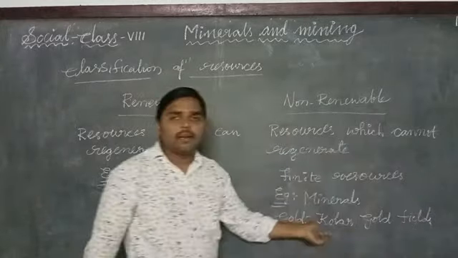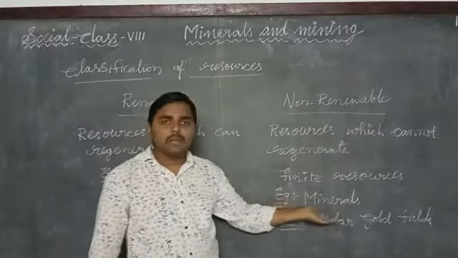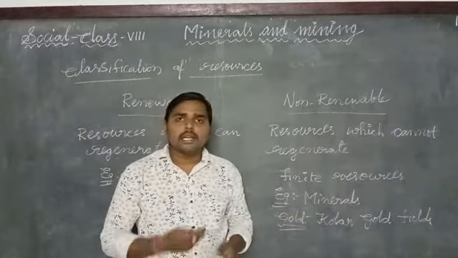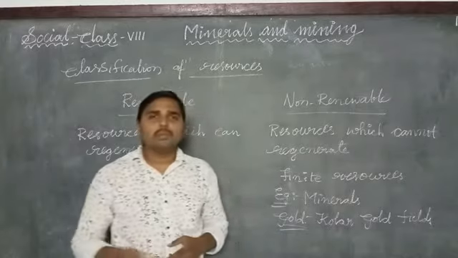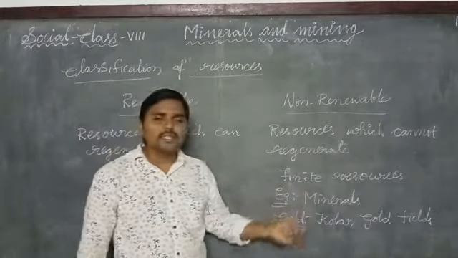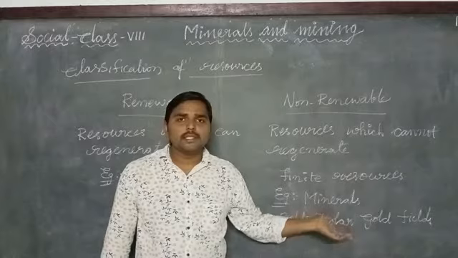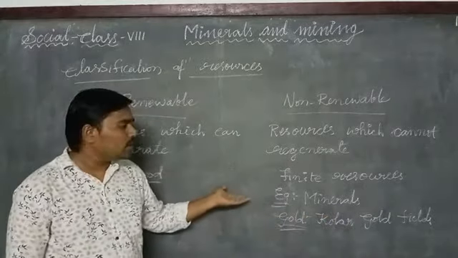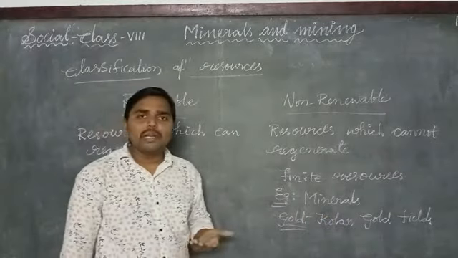Now they have been closed down. It means all the gold has been mined from the Kolar gold fields. That is why it is now closed down. Why? Because there are no gold reserves.